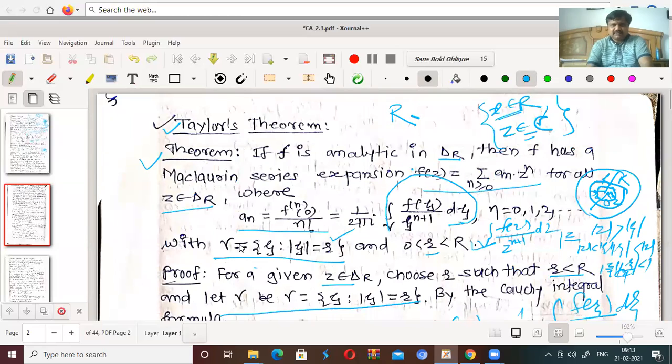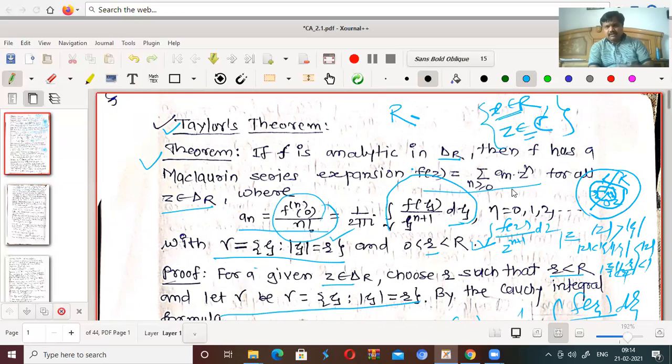What does Taylor's theorem say? If f is analytic, then f(z) can be written in this way for all a n. This a n is from the power series. We have already written there that from the power series, this a n can be calculated by using this.